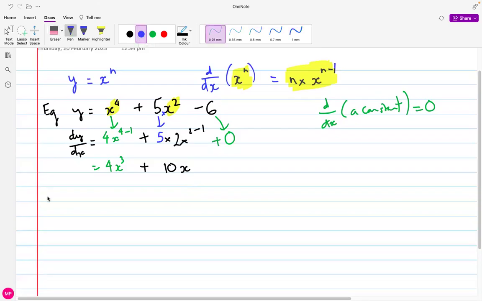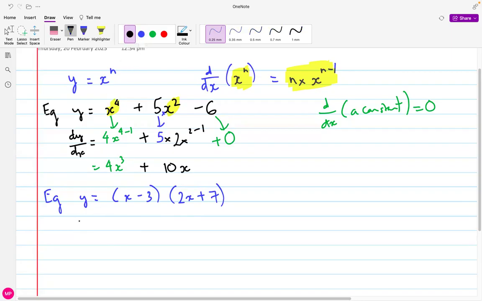Let's say this time I have y equals (x minus 3) times (2x plus 7), something like that. So the thing is, when you derive something, you always try to expand them into individual terms before you can use the formula. Okay, so you can see there's a times here and there's two brackets here. So my first step is I need to expand that out first.